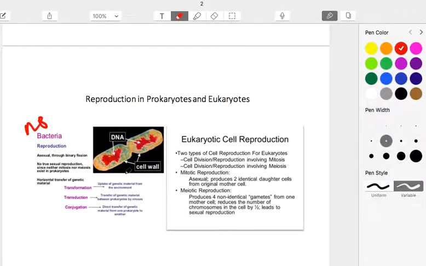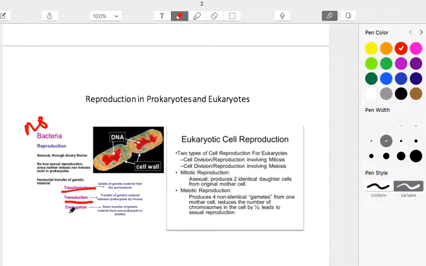There may be transformation or transduction. Transformation is the transfer of DNA. Transduction is with the help of viruses: when genes are transferred this way, it is called transduction.